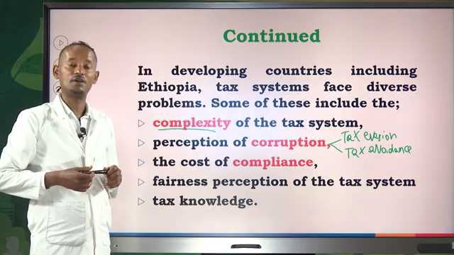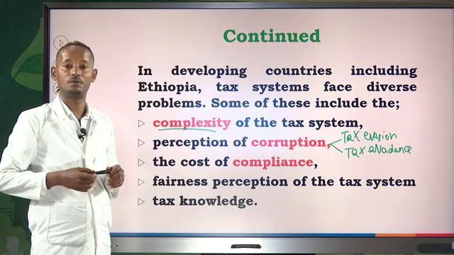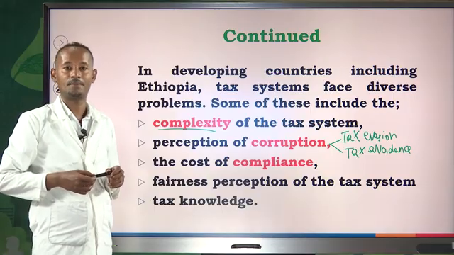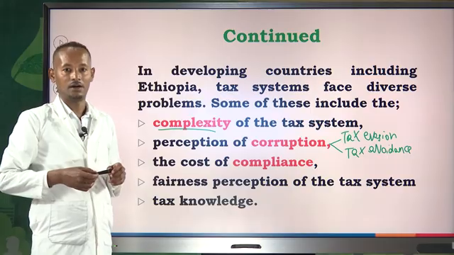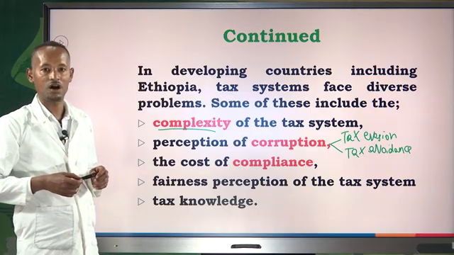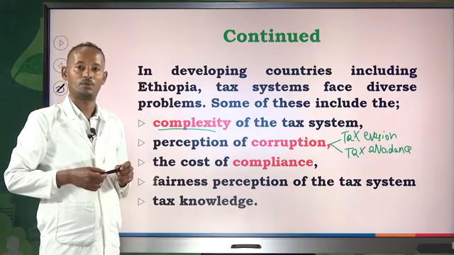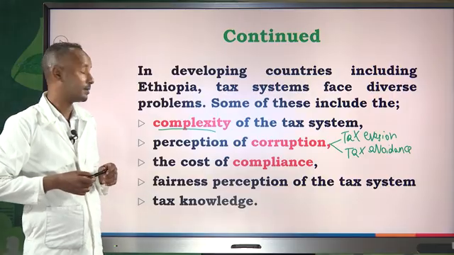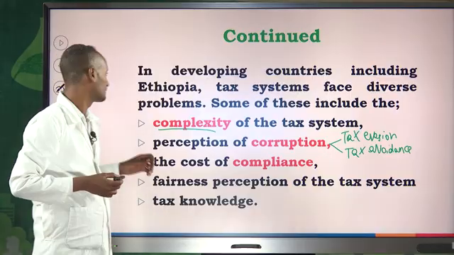And the cost of compliance to taxes by the taxpayers is another problem of the tax system. And the fairness perception of the tax system, the tax knowledge that the taxpayers have, and the authority that the tax imposes are problems of the tax system in developing countries.